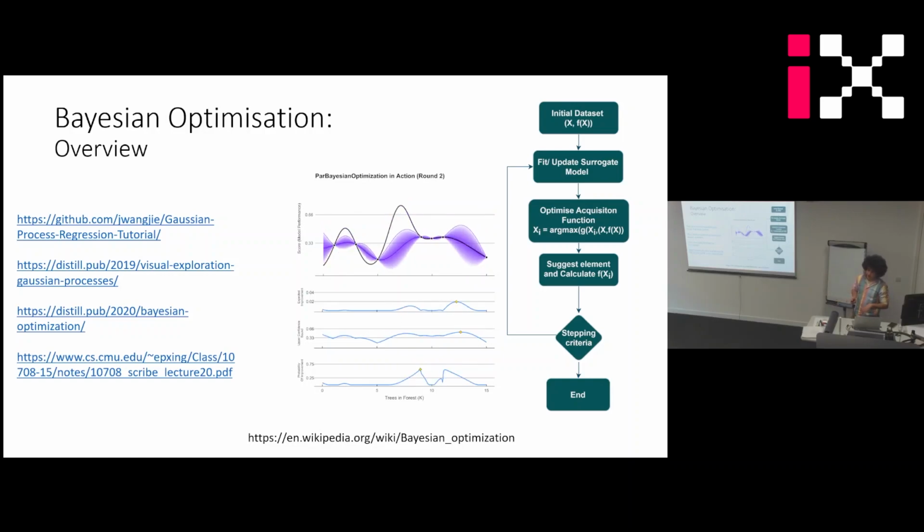So ideally, you can use Bayesian optimization to really find the global minima or global maxima, but you can always fall in the trap of getting stuck on a local minimum or maximum.